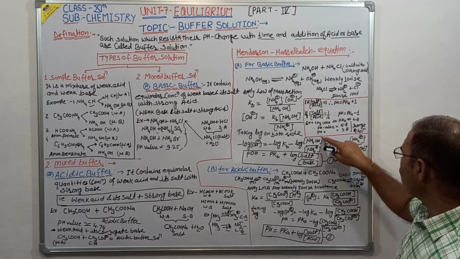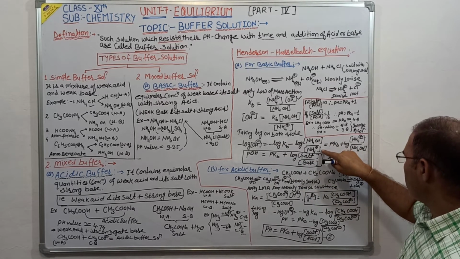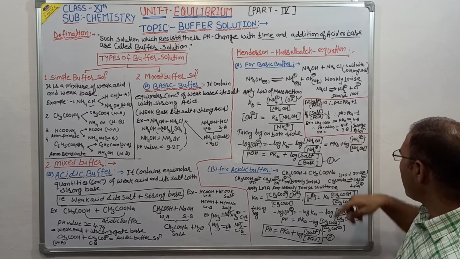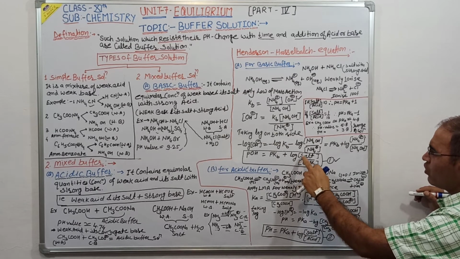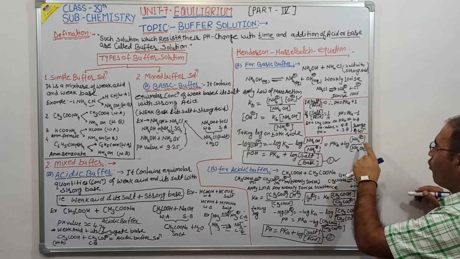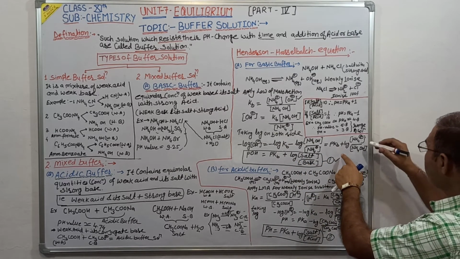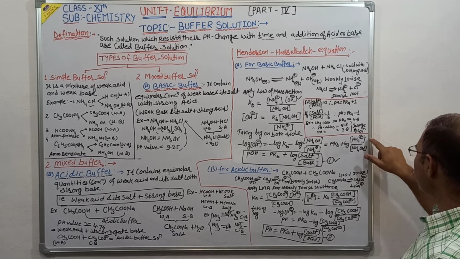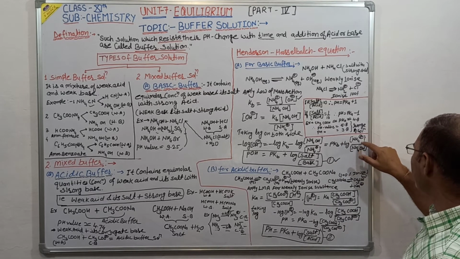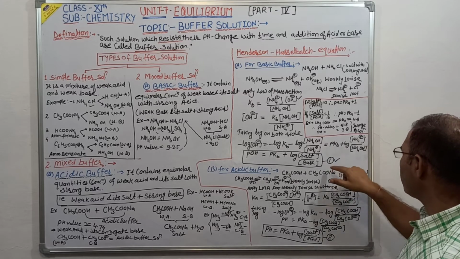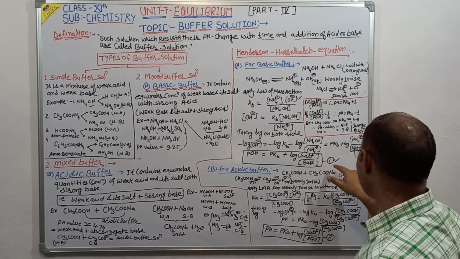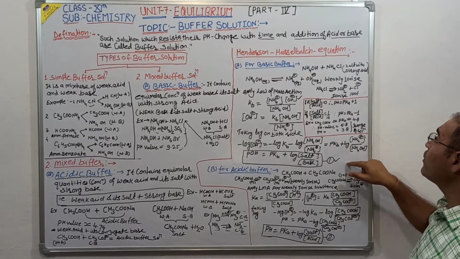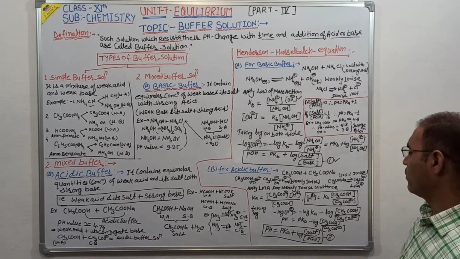So this value is rearranged to down and this is rearranged to up. NH4 plus ion is the salt and NH4OH is the base. So pOH is equal to pKb plus log salt upon base, which is the Henderson-Hasselbalch equation for the basic buffer solution.